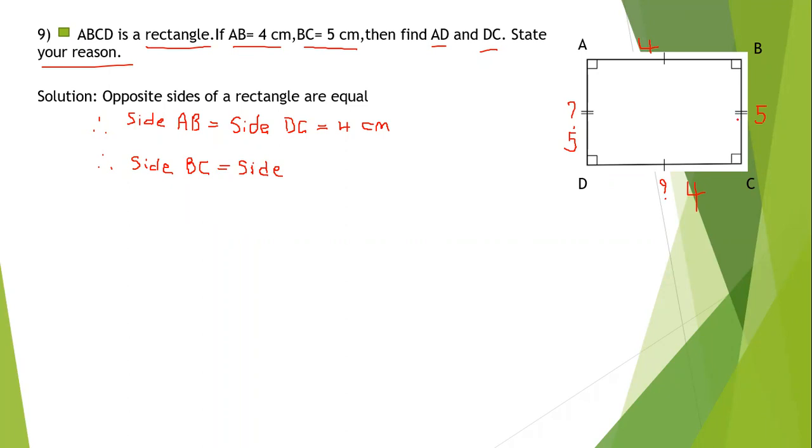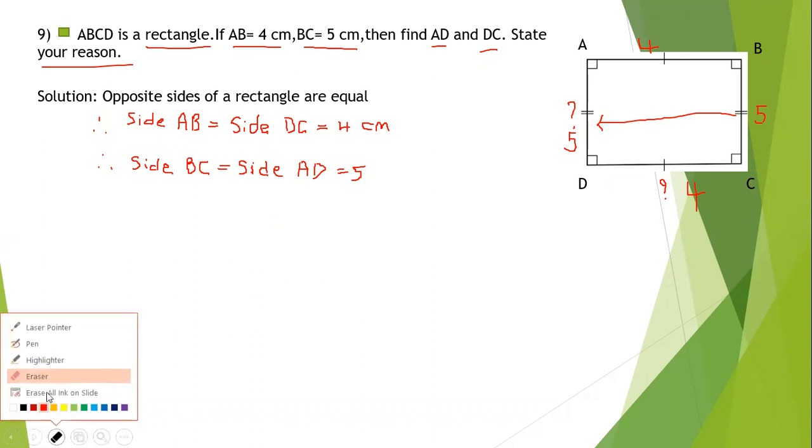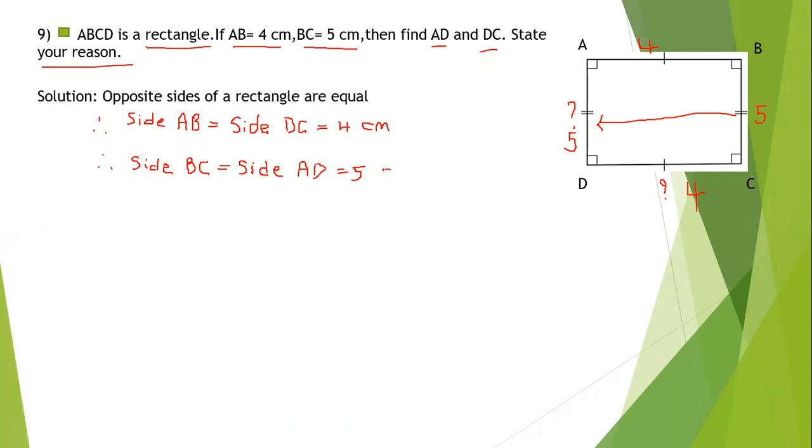We can see BC, which is opposite to side AD, right? So here we will write AD. And what is the length of BC given to us? It is given to us as 5. So we will write side BC is equal to side AD is equal to 5 centimeter. Writing of units is also important. Don't forget to write it in the paper. Just go through the sum.